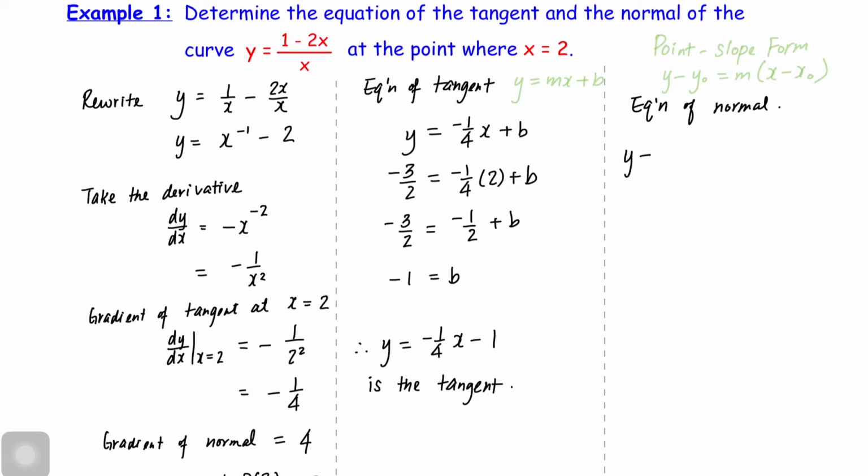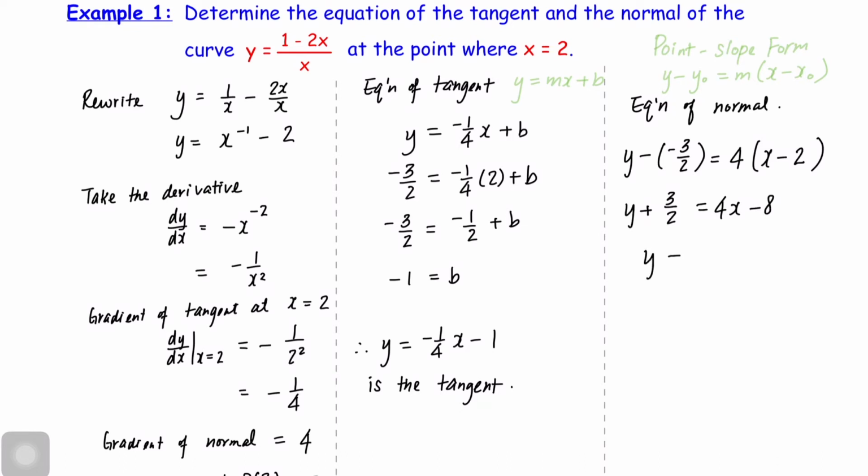So y minus the y coordinate, which is negative 3 over 2. The slope of the normal we said is 4. And x minus the x coordinate, which is 2. Just like that. And so I have y plus 3 over 2 equals 4x minus 8.